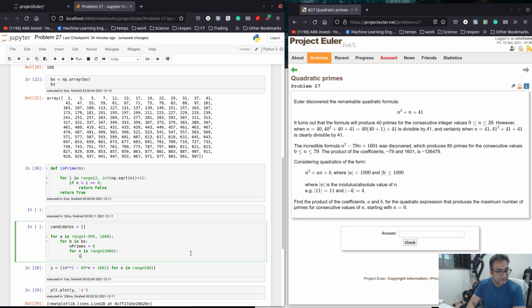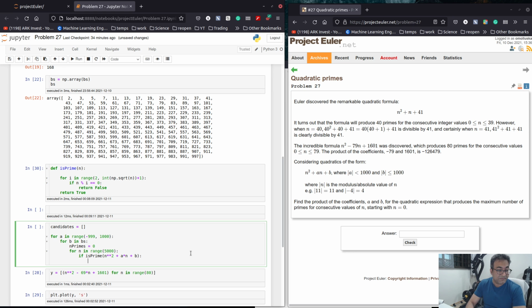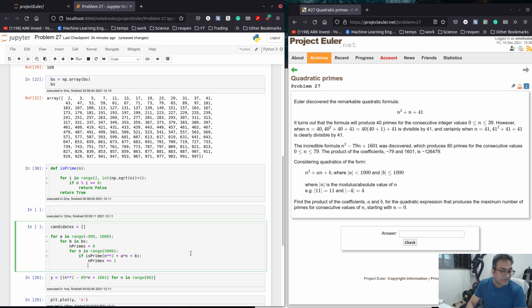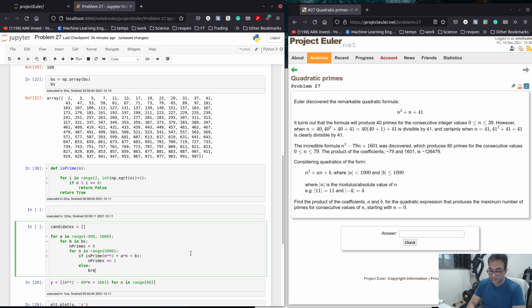Okay, if n squared plus a n plus b is a prime, then n primes plus equal to 1, and else break. Okay, so if we get to an n that is not a prime, then we just break out of here.